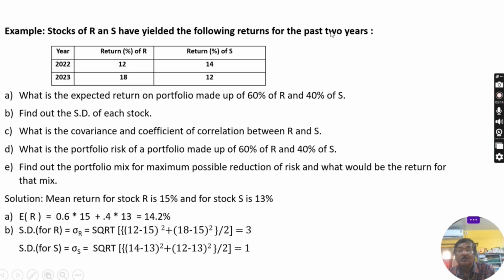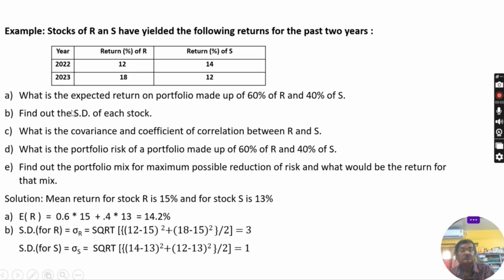Suppose this is the problem. Year-wise returns for two companies are given, company R and company S. This is the name of the company. The return for 2022 is 12%, and for 23 is 6% for company R. For company S, for the same years the returns are this, and for 2020 the return is this.